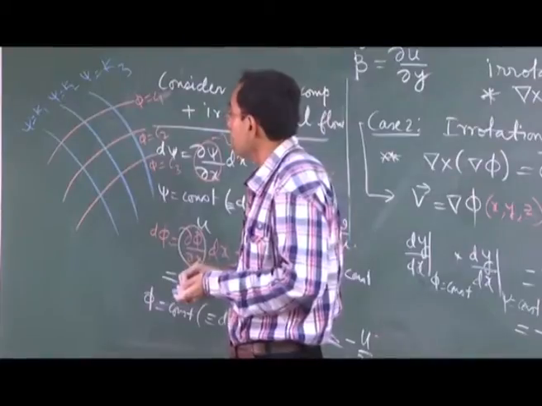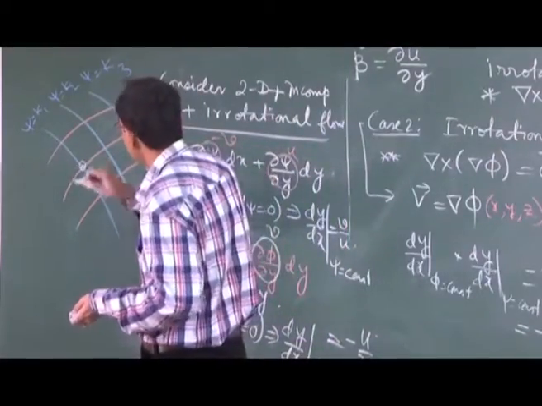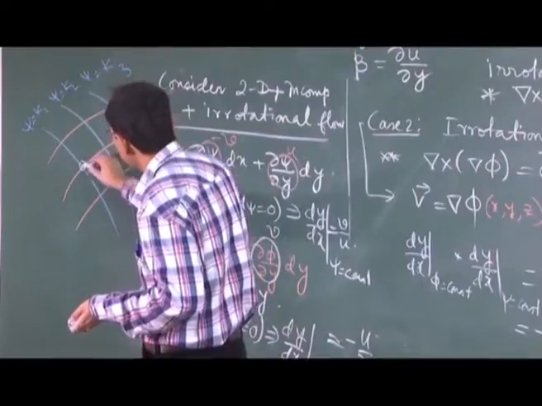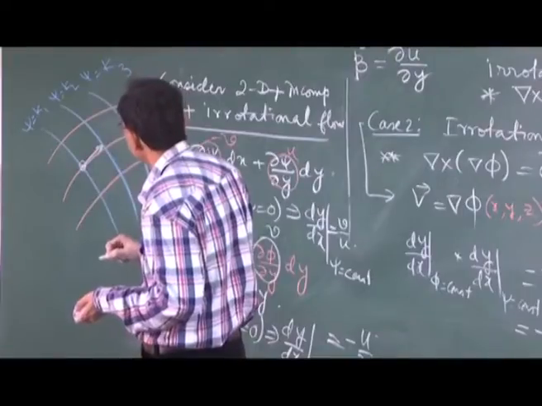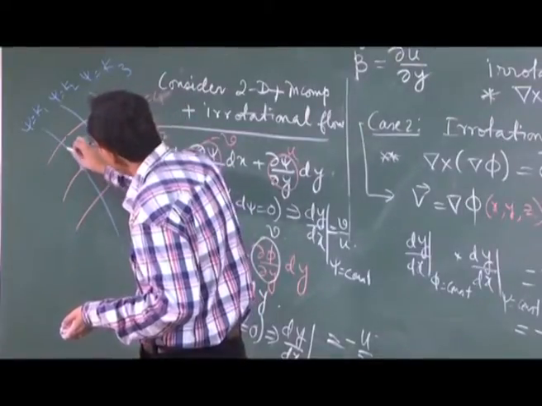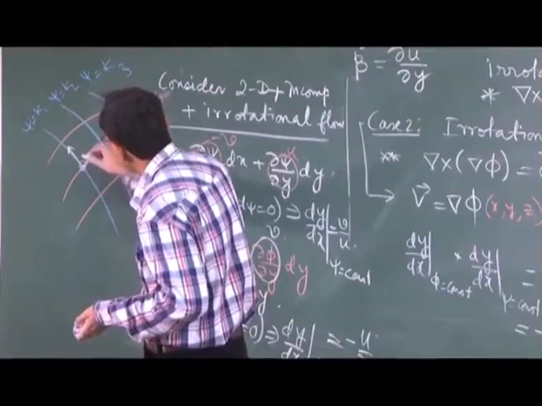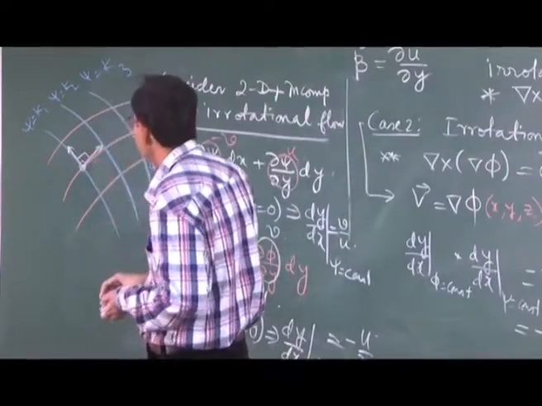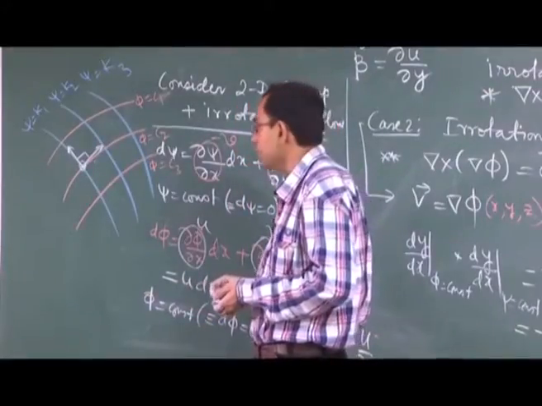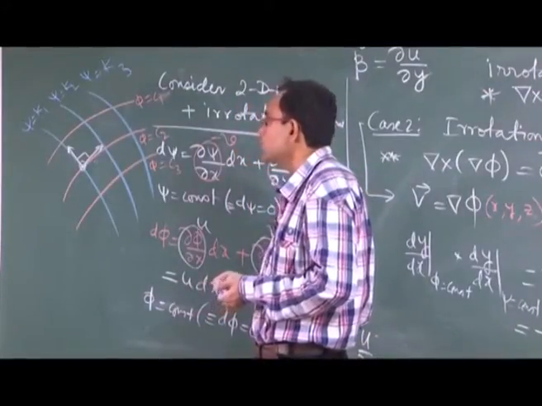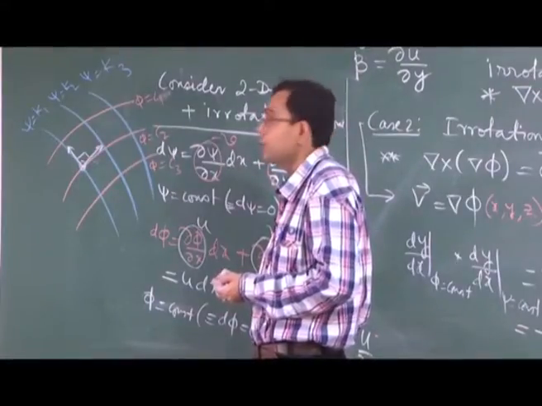Then if you find a common point of intersection, dy/dx essentially means the slope of the tangent. So, you draw the tangents, and because the product of the slopes is minus 1, that means the tangents are perpendicular to each other. That means they are called an orthogonal set of lines, whose common tangents are perpendicular to each other.